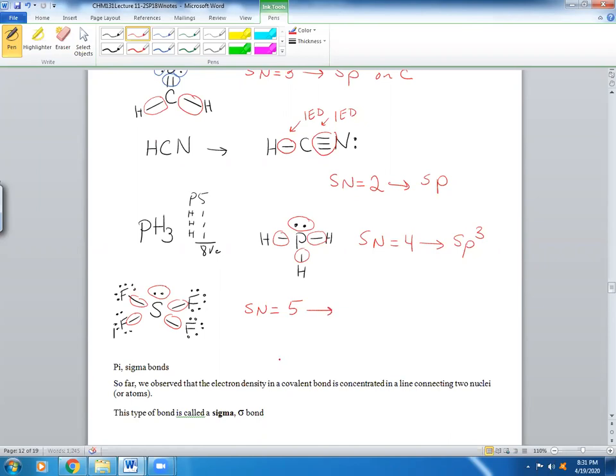So we're running into something now. What is 5? Can we say sp4? Think about it. Can you say sp4? The answer is no, it's impossible. The reason is because you only have 3 p orbitals. So where did the fourth one come from? So this is incorrect.